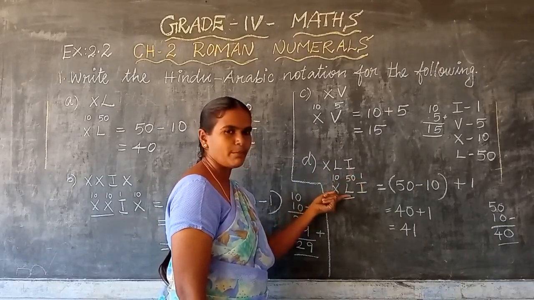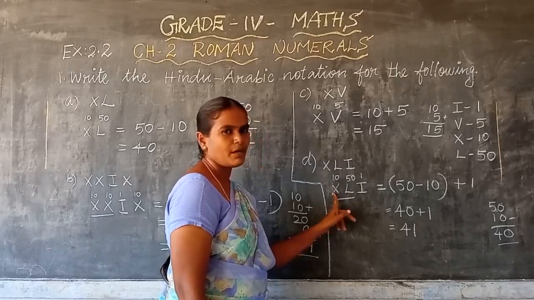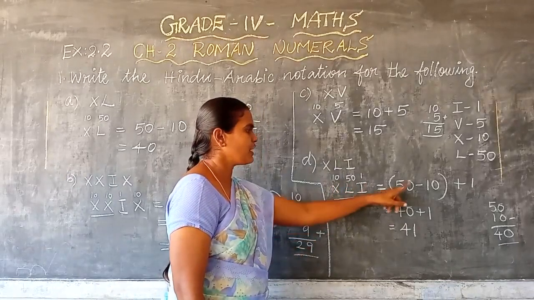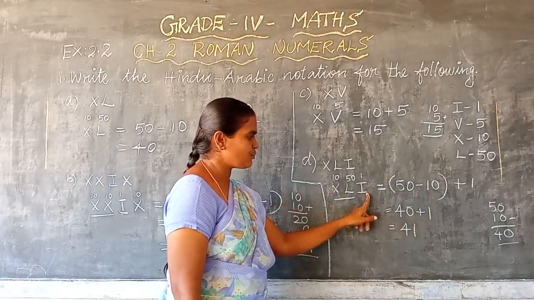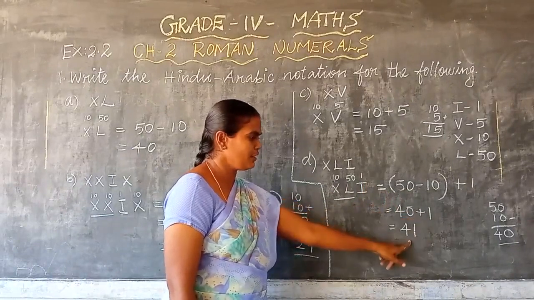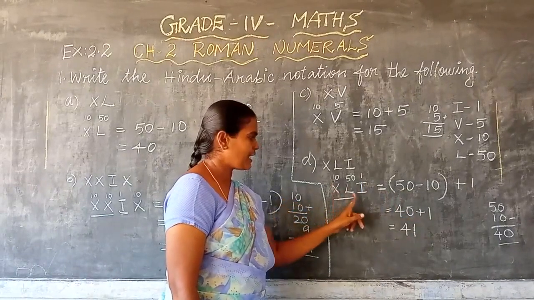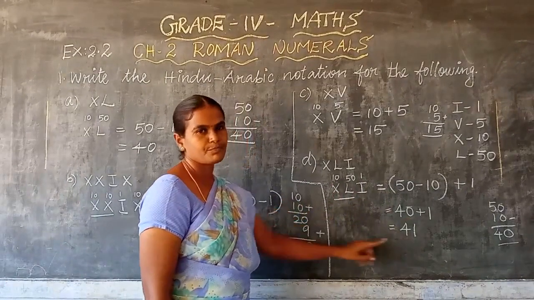Take the first two numbers, greater number, left side we have the small number. So subtraction, 50 minus 10 we get answer 40. Then right side small number, so addition. So I value 1. 40 plus 1, 41. XLI, value of XLI equal to 41.